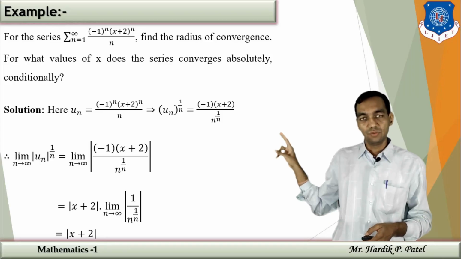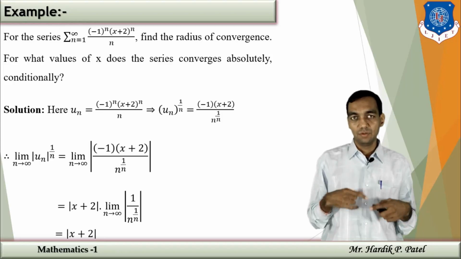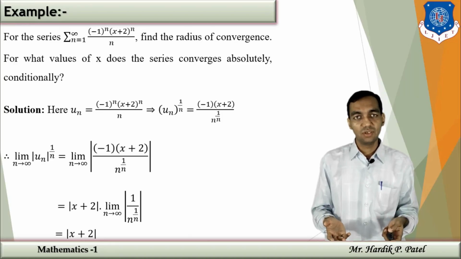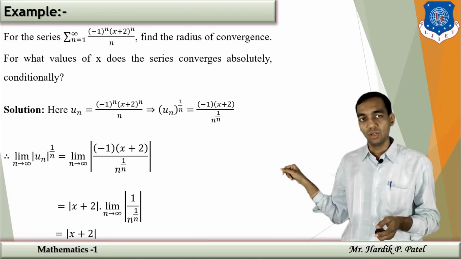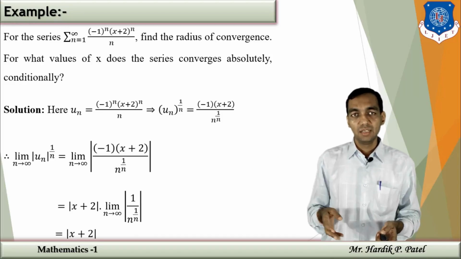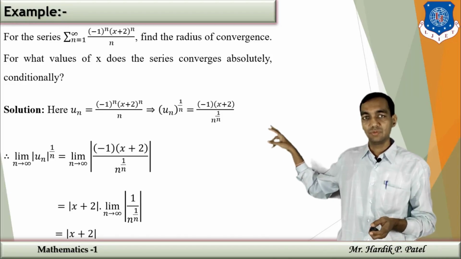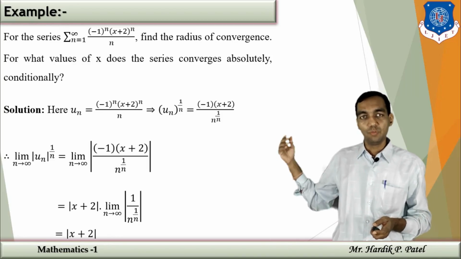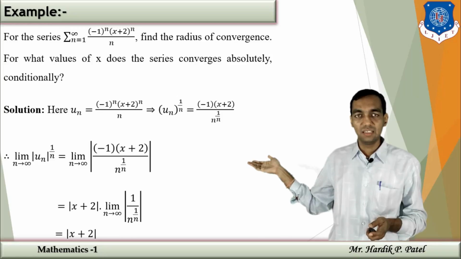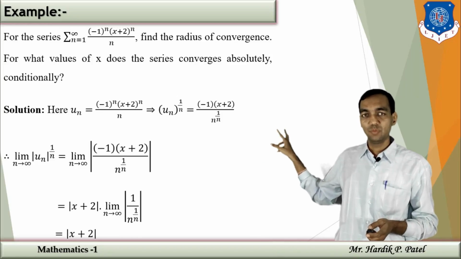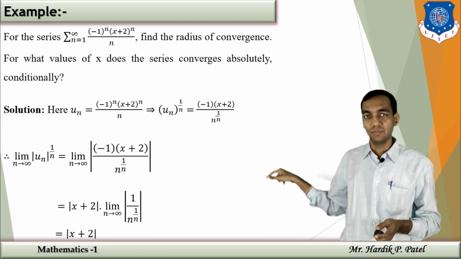Applying the limit to the mod, because the root test can be applied to a positive term series only, that's why we are applying mod. So limit n tends to infinity, mod of Un raised to 1 upon n, will be mod of minus 1 into x plus 2 divided by nth root of n. Now as you have mod, the minus is eliminated and the remaining part is mod x plus 2 upon nth root of n.